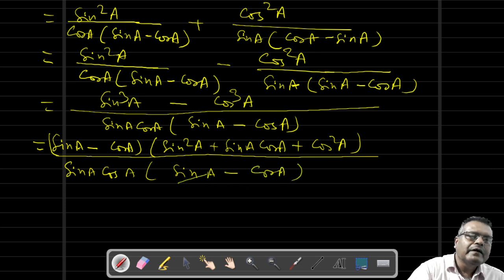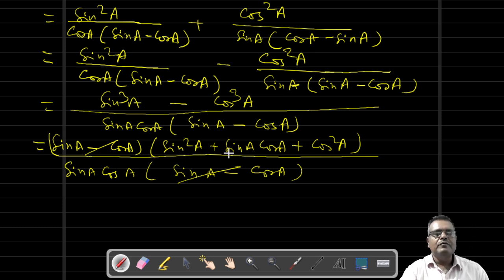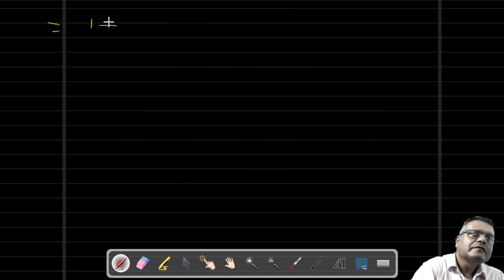So sin A minus cos A is cancelled. You are getting sin square A plus cos square A, which is 1. So you are getting 1 plus sin A into cos A.